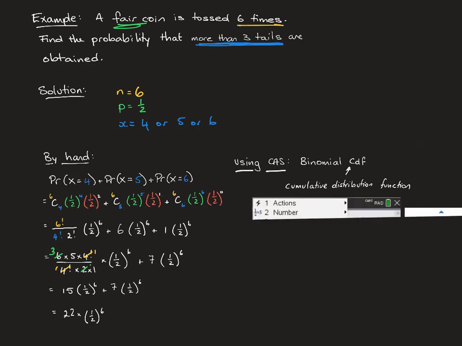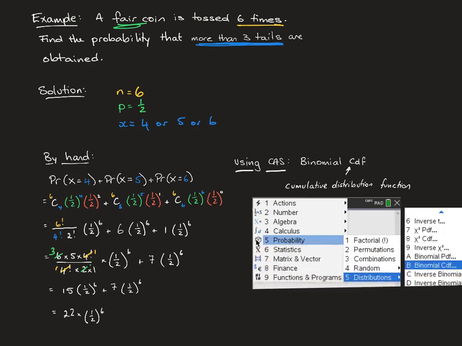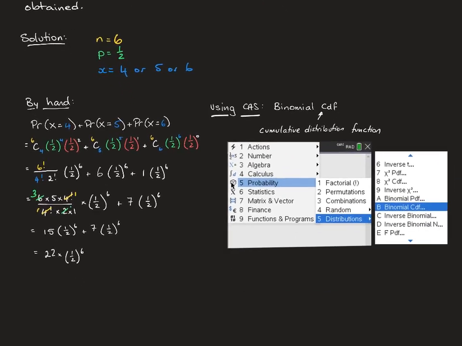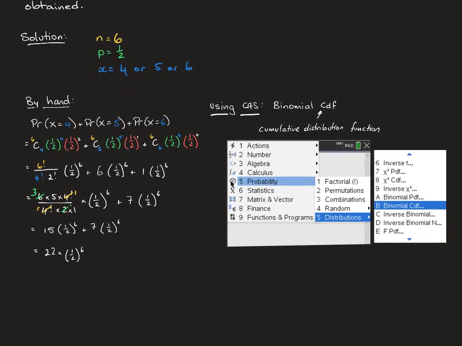And so you'll find it under probability distributions, and generally it's just underneath the binomial PDF, and you'll see that it's CDF. So you really need to make sure that you are tapping on the right numbers when you're looking for these binomial solutions. Okay, so we're going to put this into our CAS calculator.